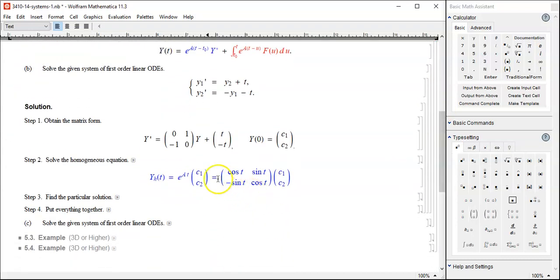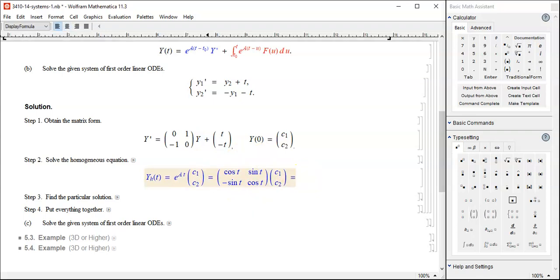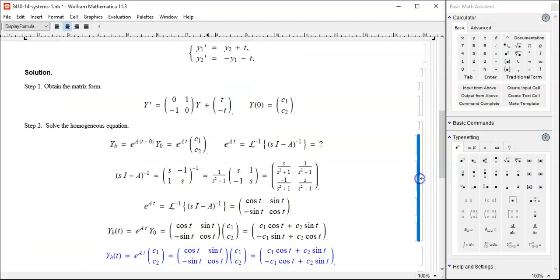So that's the matrix exponential times C1, C2. So the answer should be C1 cosine of t plus C2 sine of t. And here we have negative C1 cosine of t plus C2 sine of t. That is the solution of the homogeneous equation.